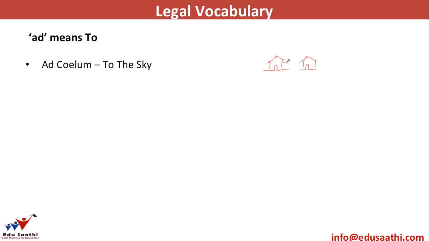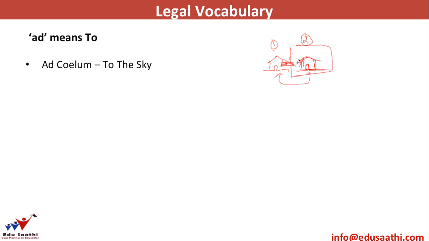And this house probably plans to implant such a structure which is entering into the arena or the space of the other house, right? Now, the owner of this house can sue this person. Why? Because he's obstructing the air flow or the air that passes through this house. So supposing this is house number 1 and house number 2, the owner of house number 2 can sue the owner of house number 1.